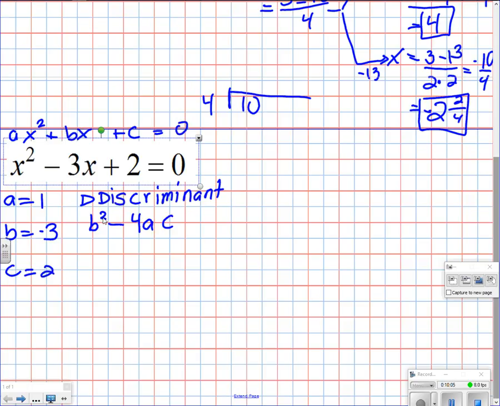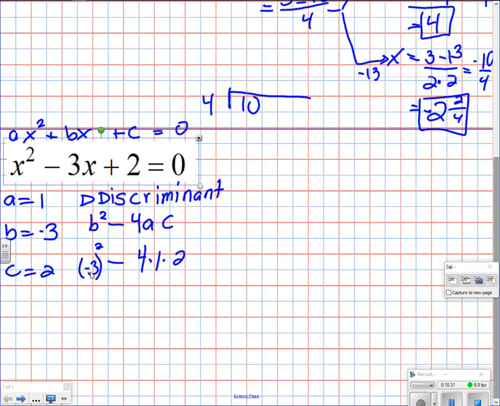I'm gonna put in the square and the minus 4. Now I need the b value. What is the b value? B value is negative 3. I'm gonna put in negative 3 square. Because it's negative, put a parentheses. Negative 4 multiplied by a, and a will be 1. Multiplied by c, and c will be 2.